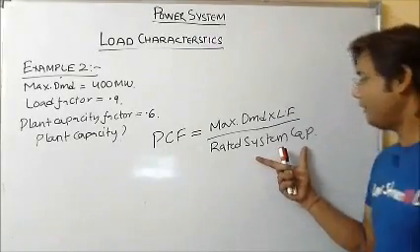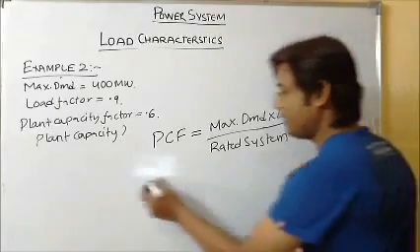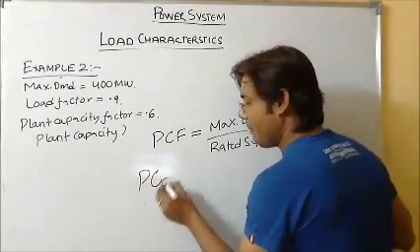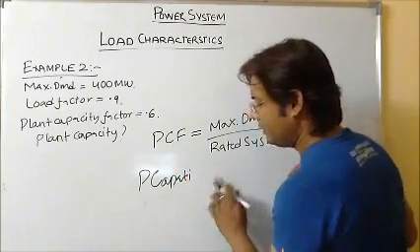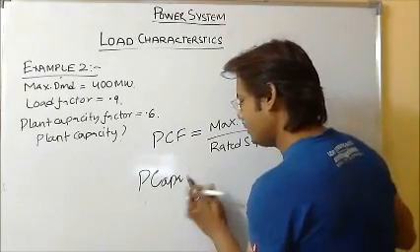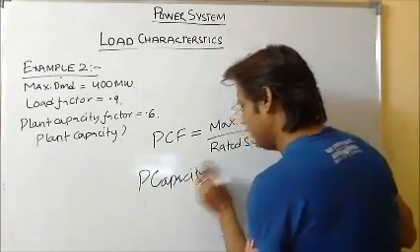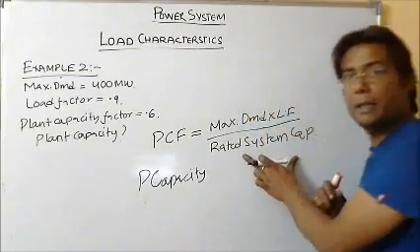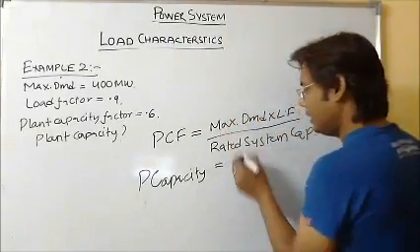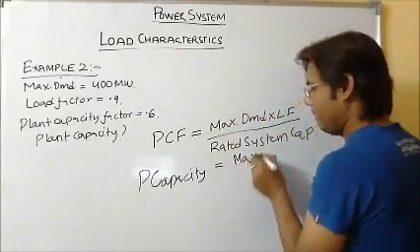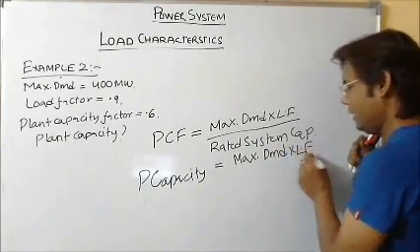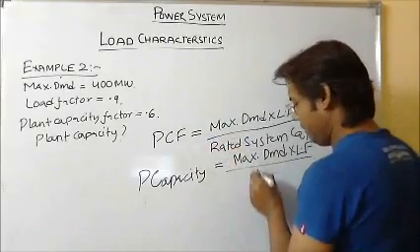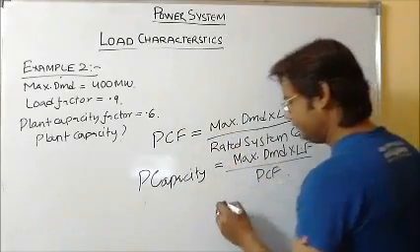Now we need to have the rated system capacity or the plant capacity. So the plant capacity, which is the rated system capacity here, will be equal to maximum demand into load factor divided by my plant capacity factor.